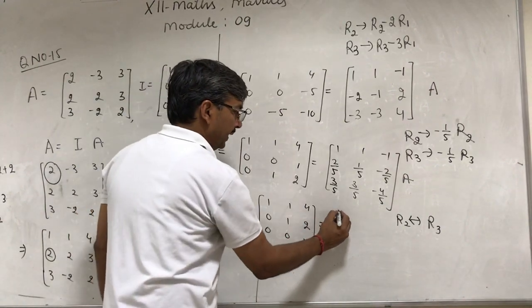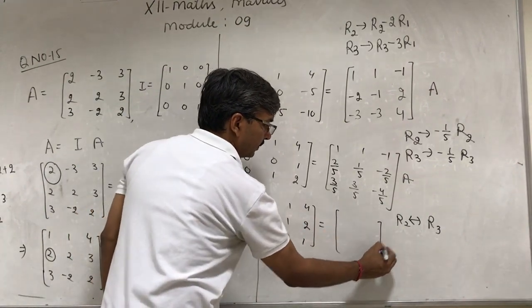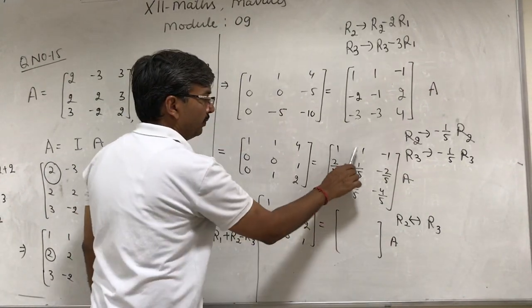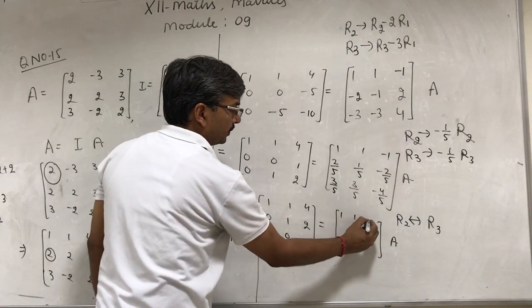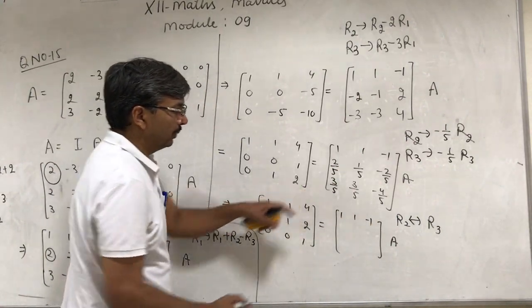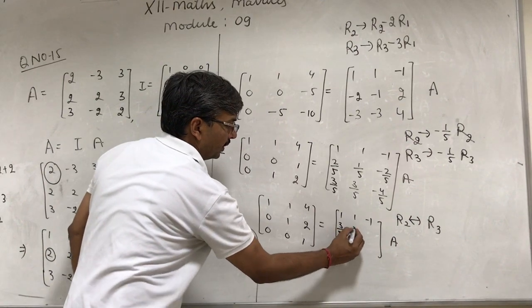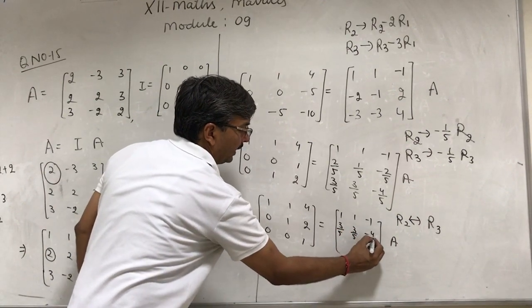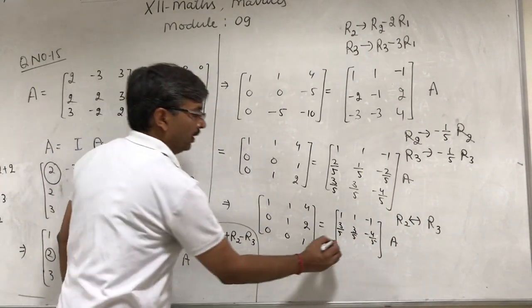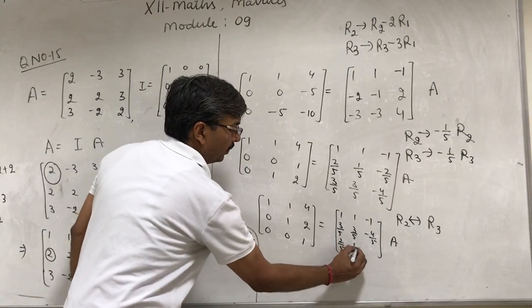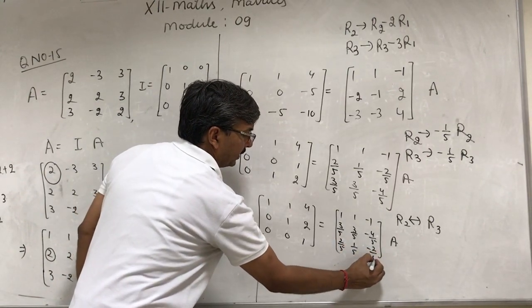And same in the right hand side. 1, 1, minus 1. 3 upon 5, 3 upon 5. Minus 4 upon 5. 2 upon 5. 1 upon 5. Minus 2 upon 5.